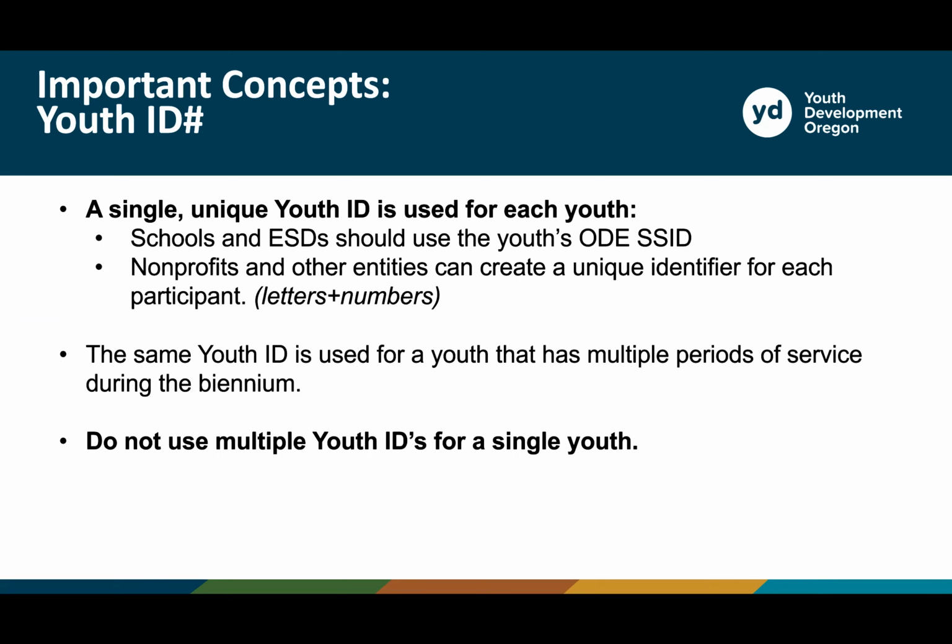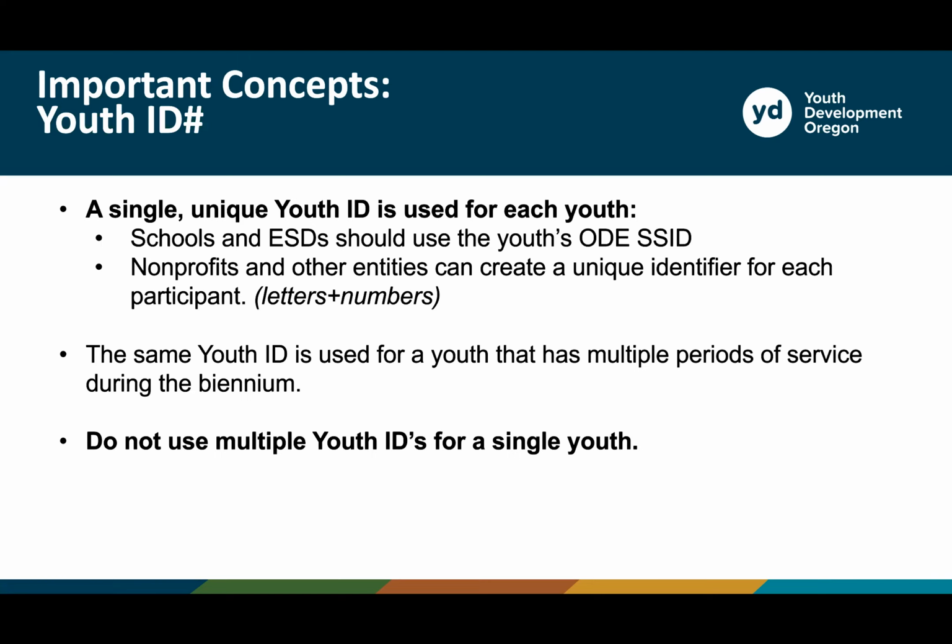You should use letters and numbers. It shouldn't be too simple because we're seeing some duplication in numbers across programs. And also, it's really important that you're retaining that unique identifier in your own records for being able to identify that youth.